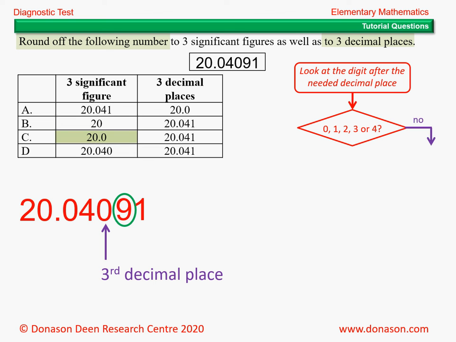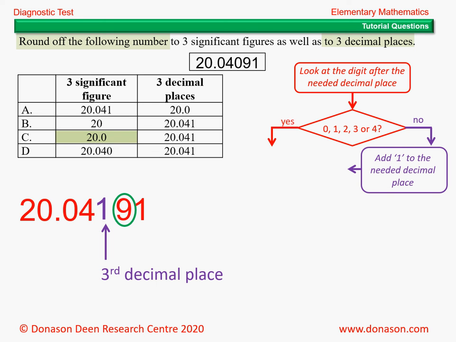Of course the answer is no. If it is no, then we add 1 to the needed decimal place, which is the third decimal place. So we add 1 to the 0, and instead of 40, it becomes 41.